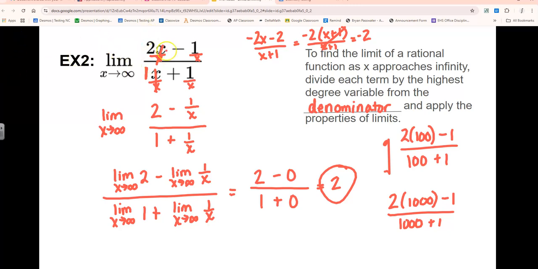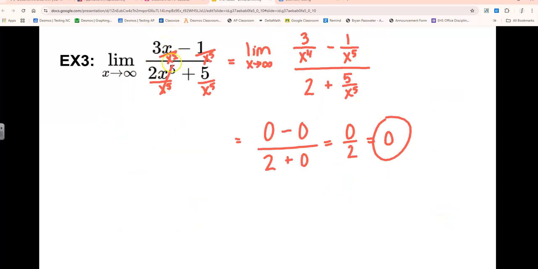So if we have this scenario, we can shortcut our answer. Let's think of this scenario. I just have x to the first power on top, and then I have x to the fifth power on the bottom.